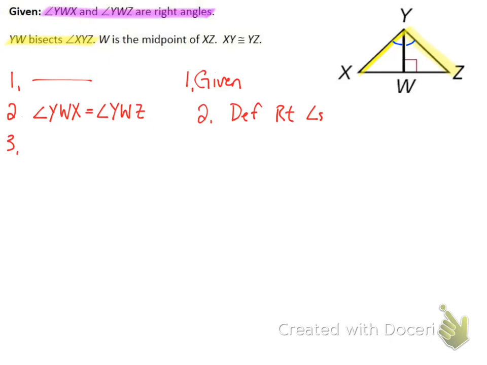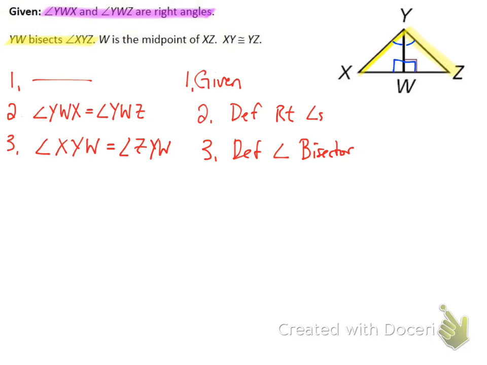So I can say that angle XYW is equal to angle ZYW. And since it's an angle bisector, I can say definition of an angle bisector. I almost forgot to mark that these two angles are both equal to each other because they're 90.